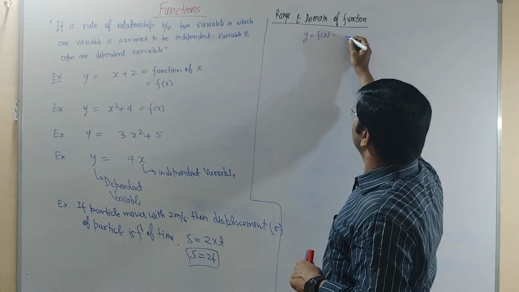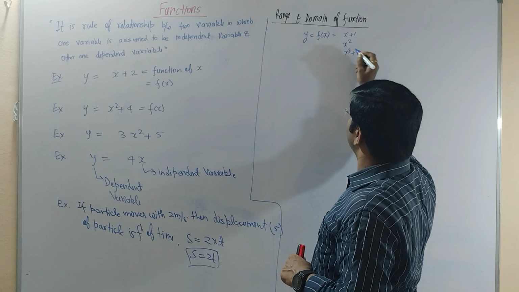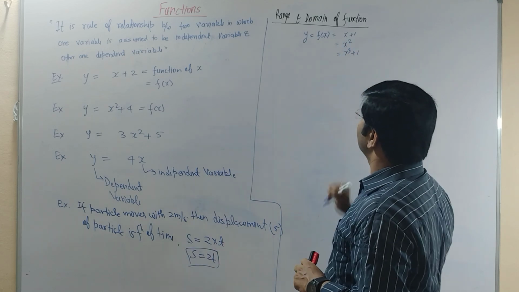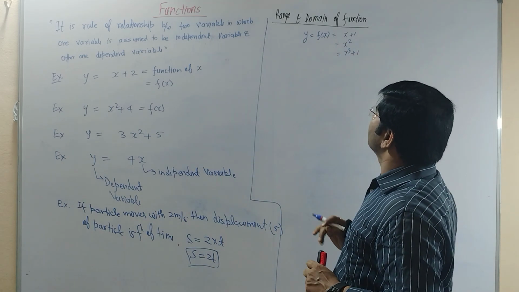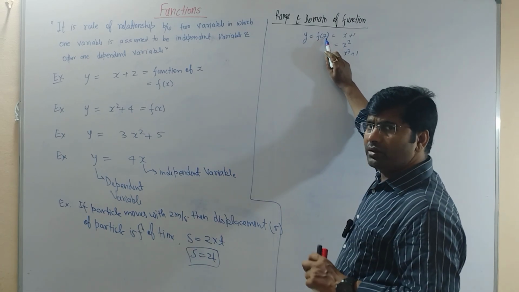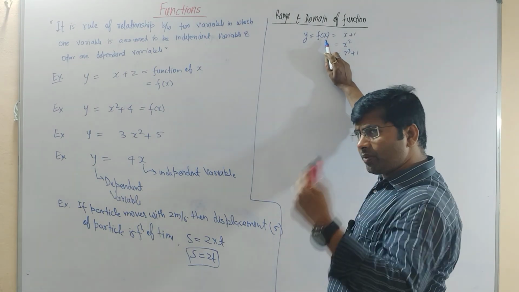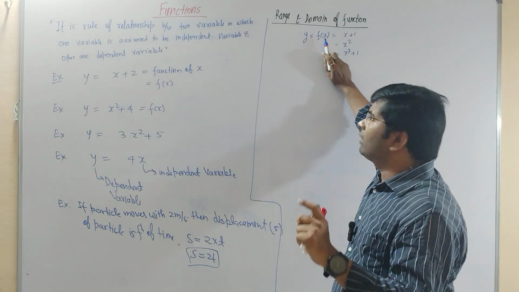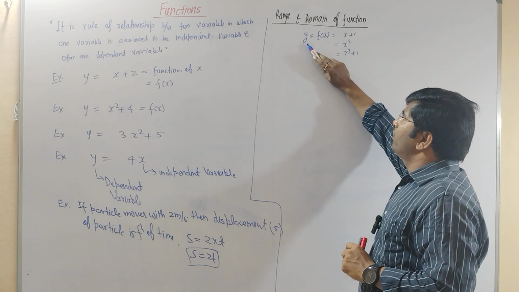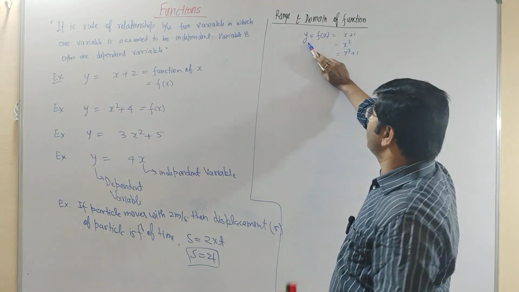So it can be anything. So y equals f(x). Here, whatever is the possible value of x, that will be known as the domain, and whatever will be the value of this dependent variable, that is known as the range.